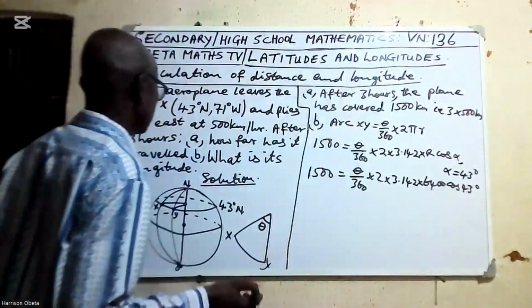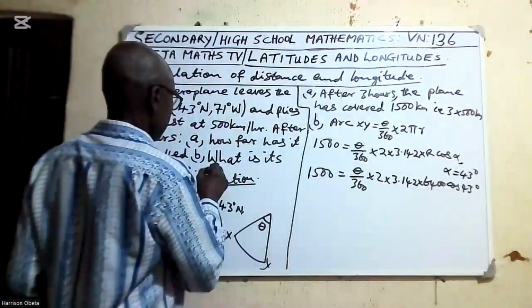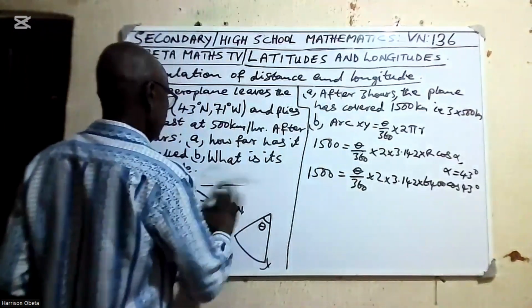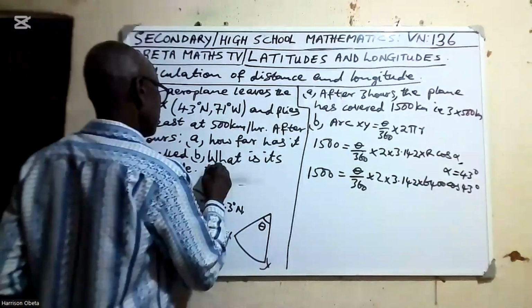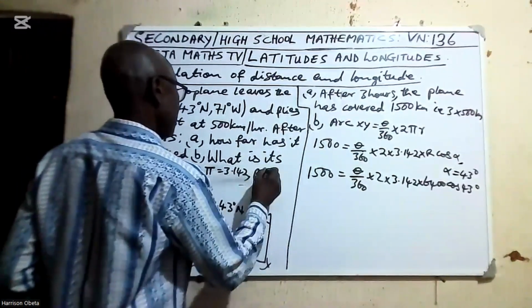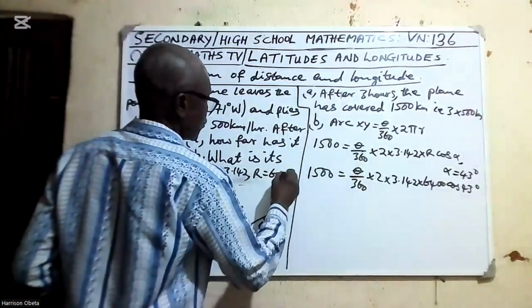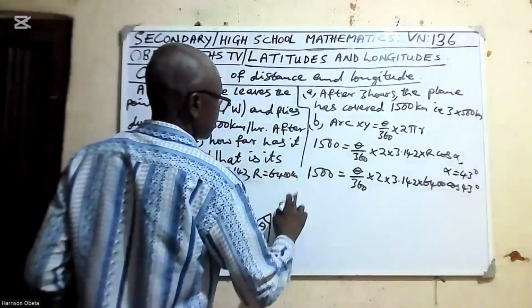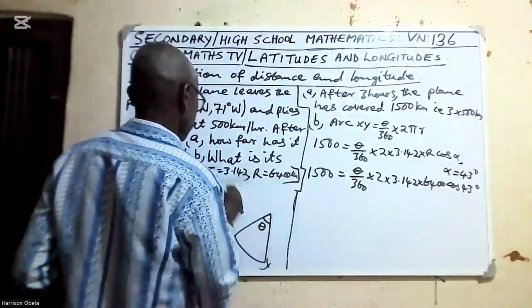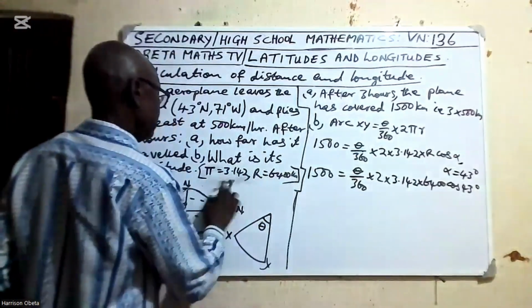Meanwhile, we were asked to take pi to be 3.142 and capital R to be 6400 kilometers. So take note of that.